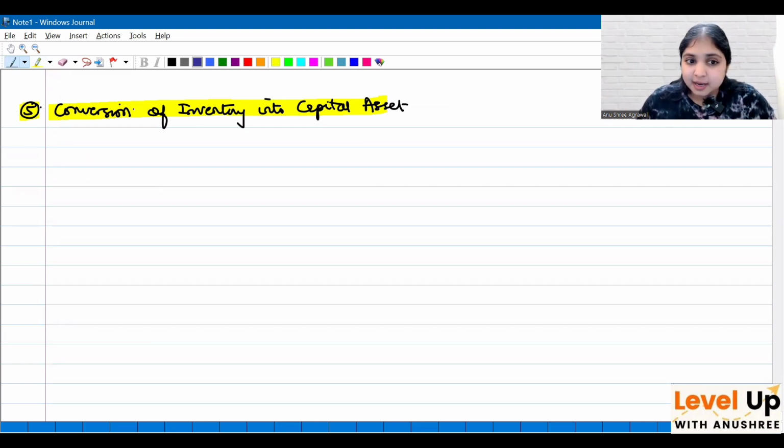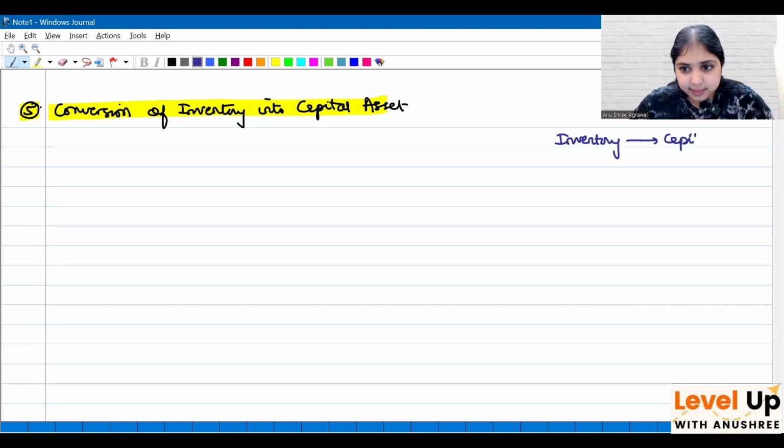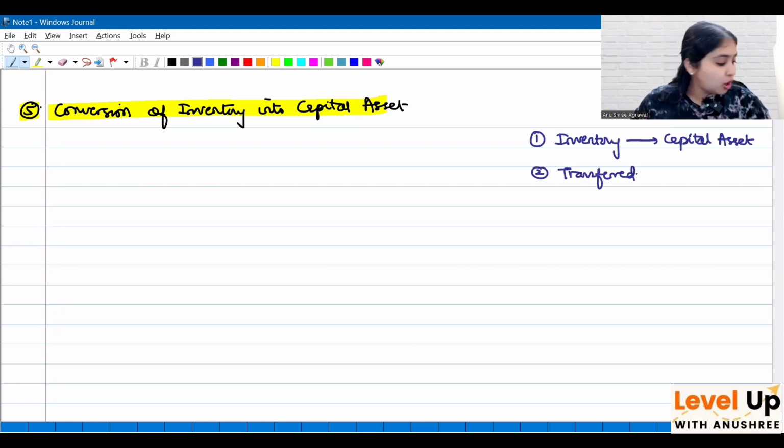Tell me, what has happened over here? My assessee has converted the inventory into capital asset. This is the first thing which has happened. And then my assessee has transferred the capital asset. Do not do any writing, just listen to me.